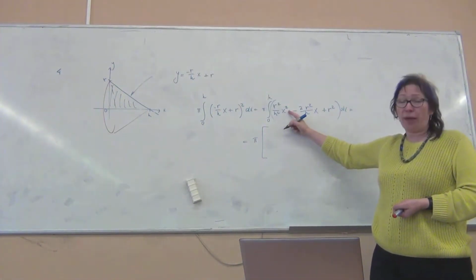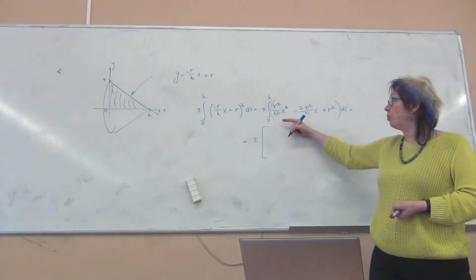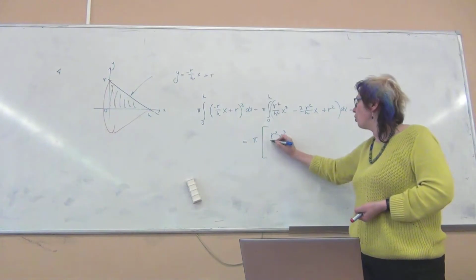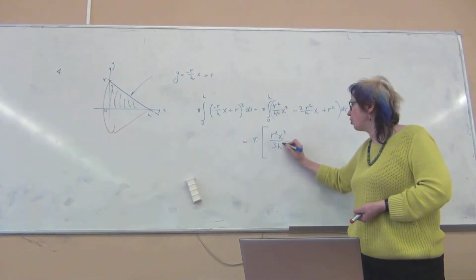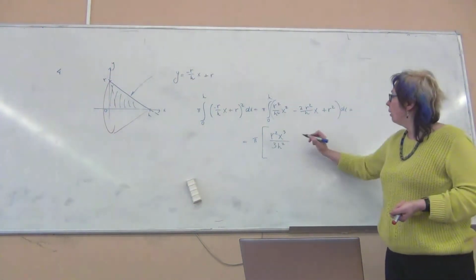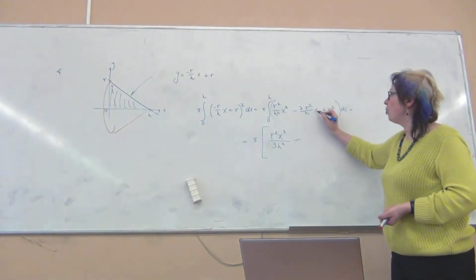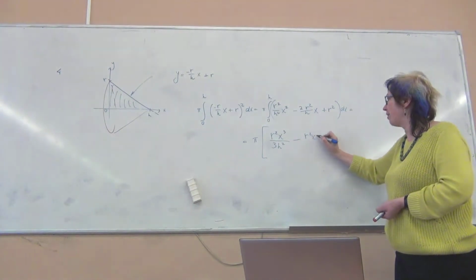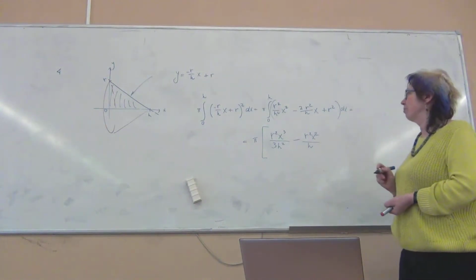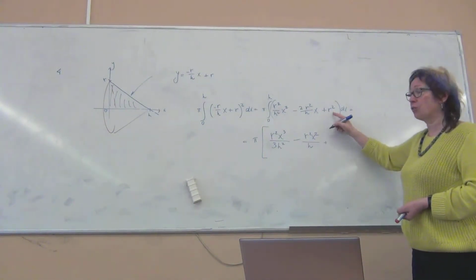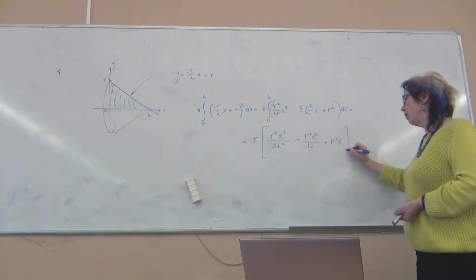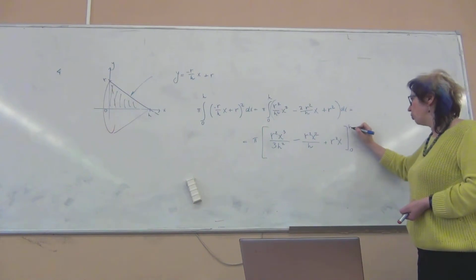So x squared integrated is x cubed over 3. So we have r squared x cubed over 3h squared minus 2x integrated is x squared, so r squared x squared over h, plus, this is a constant, so the primitive function will be r squared times x, from 0 to h.